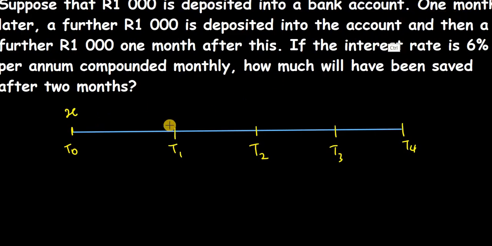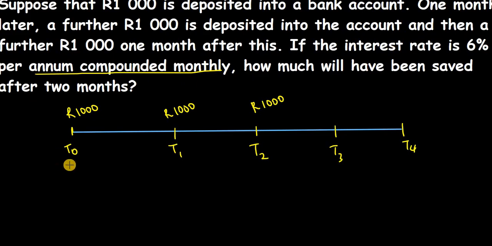Then 1 month later, you deposit again a further 1,000. So let me put 1,000 here, and then a further 1,000 1 month after this. If the interest is 6% per annum compounded monthly, how much will have been saved after 2 months?